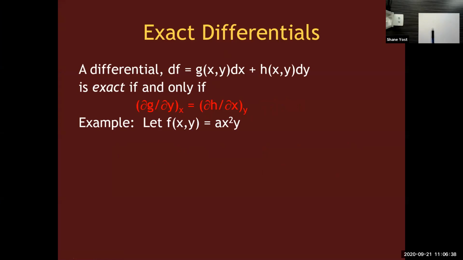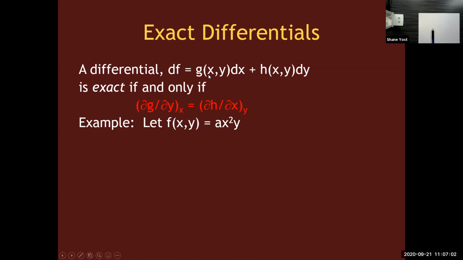Basically, exact differentials are related to functions being state functions, being path independent. If a function is path independent, then it has an exact differential. If it is path dependent, then it has an inexact differential. Okay.